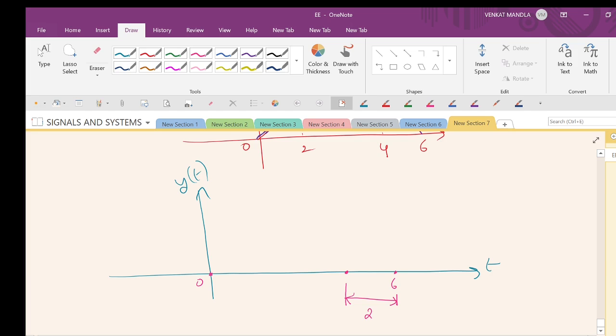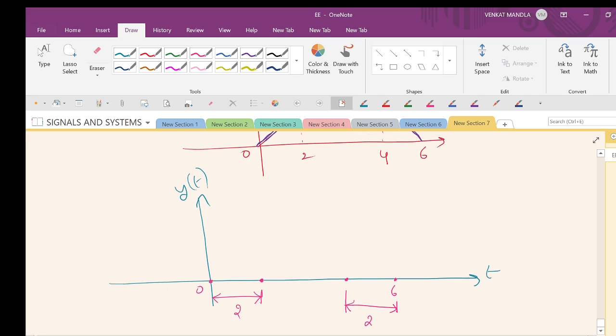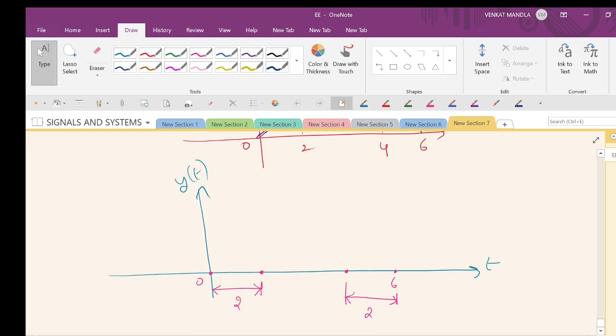And the same from the starting point, this also should be the smallest pulse width, that is 2. Between these two smallest pulse widths, we get inclined lines. So this is one inclined line, and this is another. In the remaining case, we get the constant line.